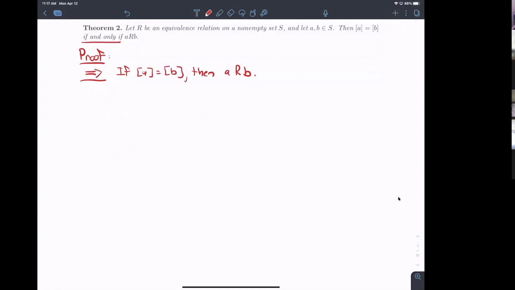Okay, so good. First of all, let A and B be elements in our set S. Since we're doing this directly, we suppose that their equivalence classes are equal. And now what we're hoping to show is that they're related to each other.